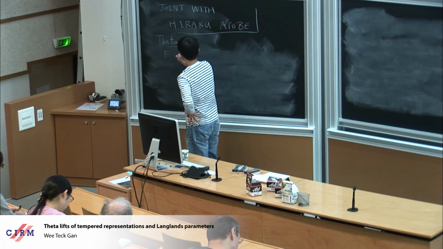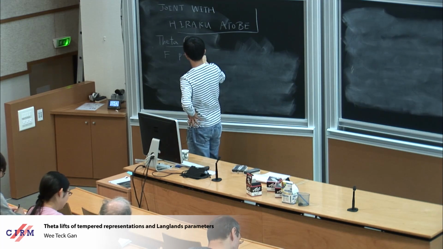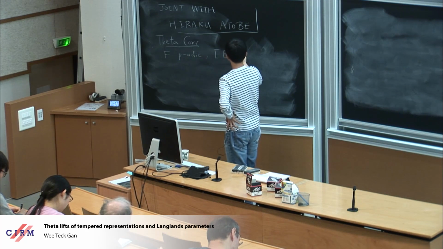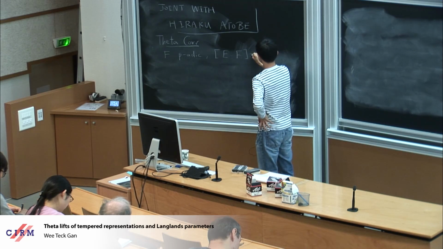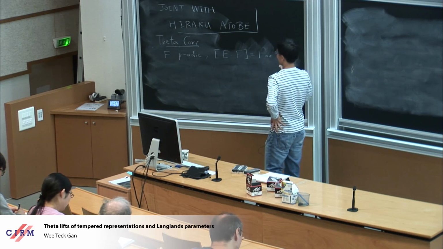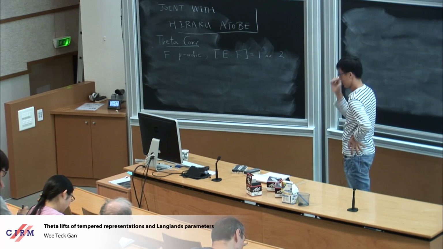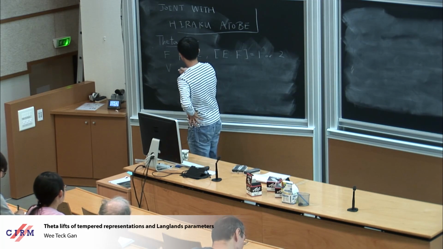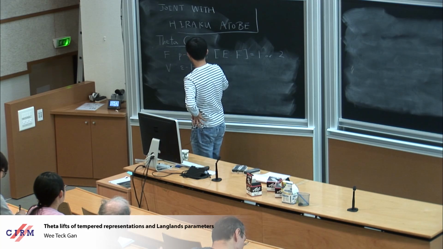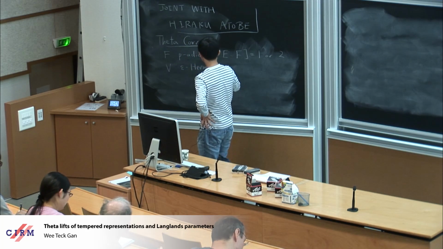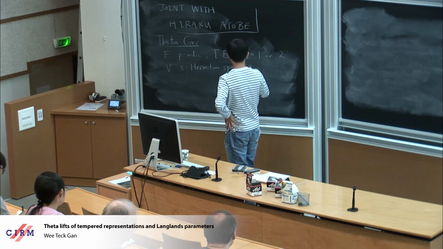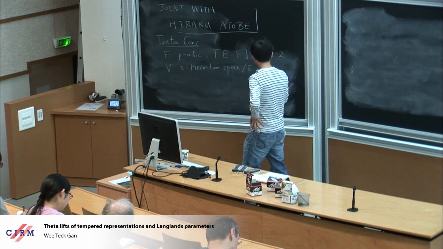I take F to be a p-adic field. Let me take E to be either a quadratic extension of F or just F itself. Then I can look at the notion of a epsilon-Hermitian space V over E, where epsilon is plus or minus 1.